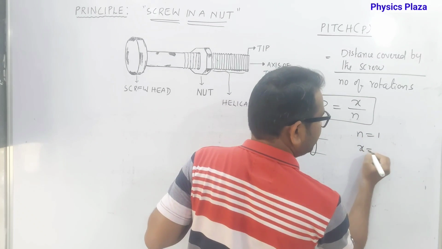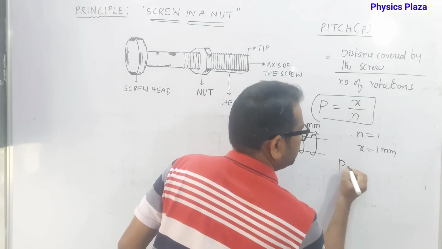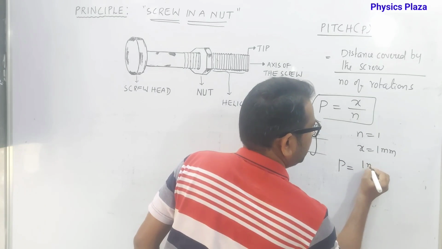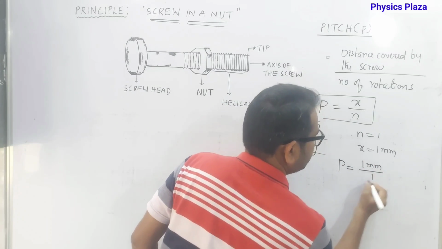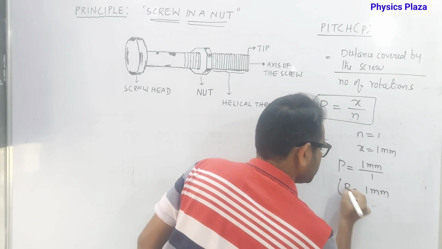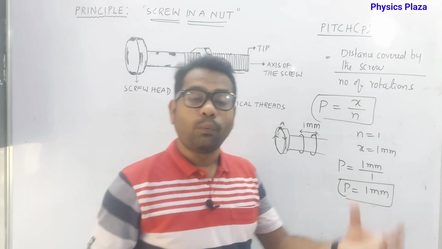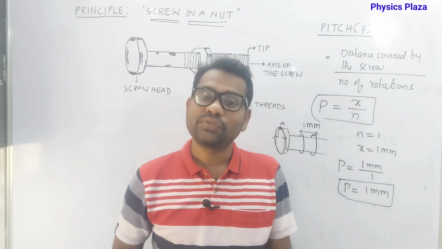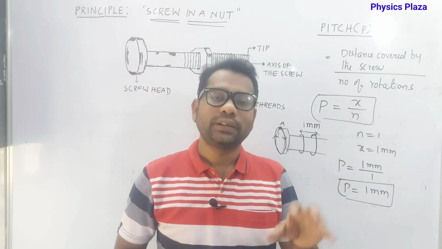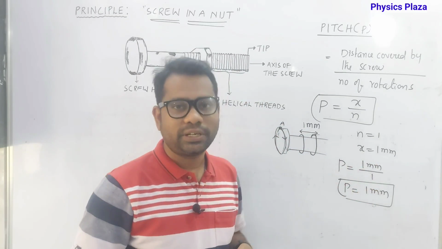Then what is the distance traveled? 1 millimeter. Now let us calculate. Pitch is equal to 1 mm by 1. So pitch is 1 millimeter. Children, usually the screw gauges which we use in a laboratory have a pitch equal to 1 millimeter.